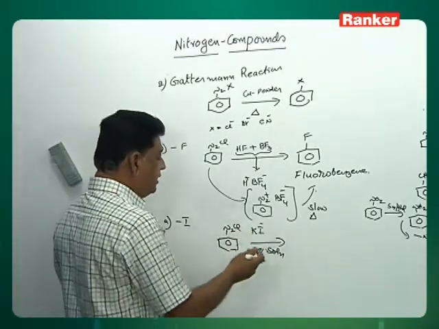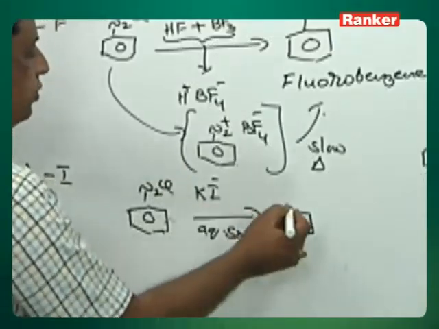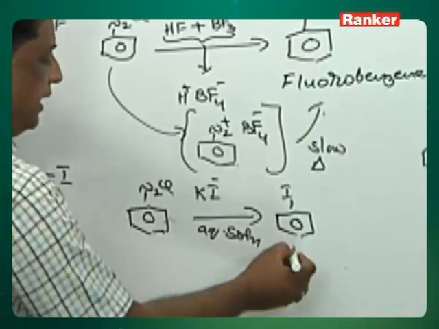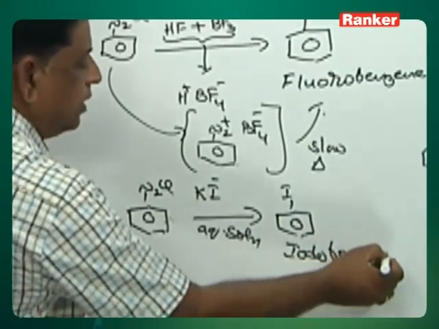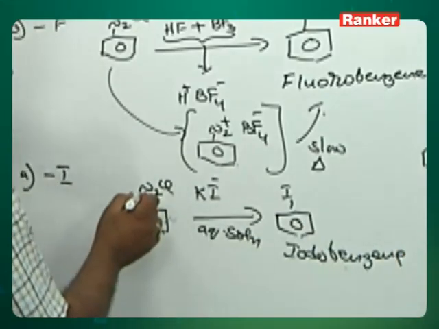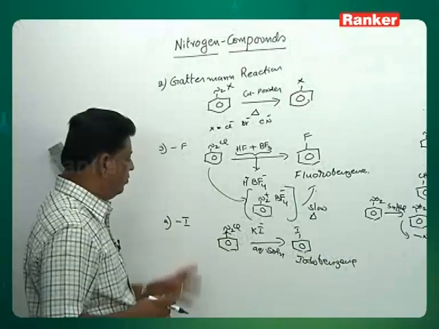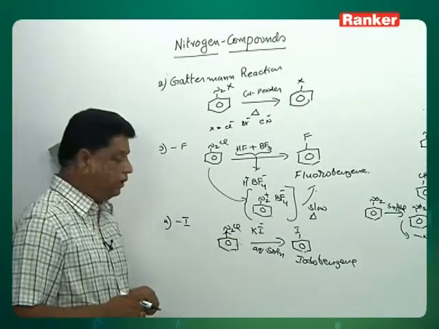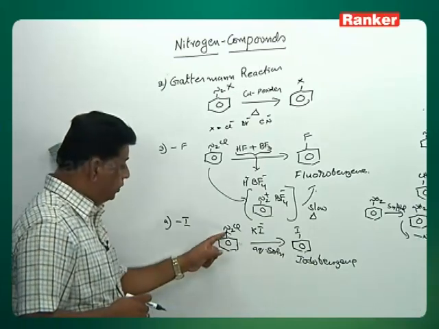I minus is a very strong nucleophile, replaces the N2Cl, and you will get iodobenzene. So iodobenzene preparation has become very easy through this N2Cl. What is the credit? The plus point is that N2Cl is the best outgoing group, taking the 2 electrons.